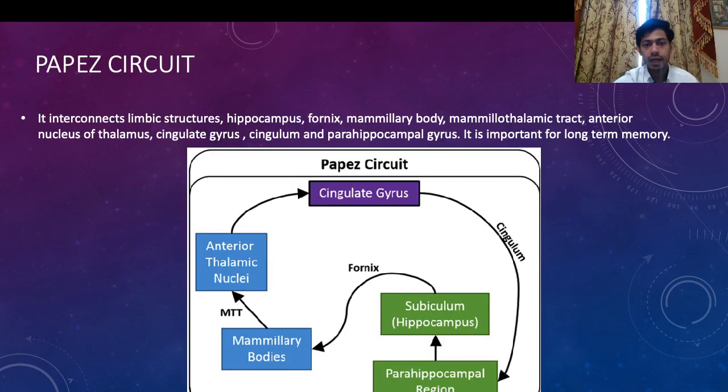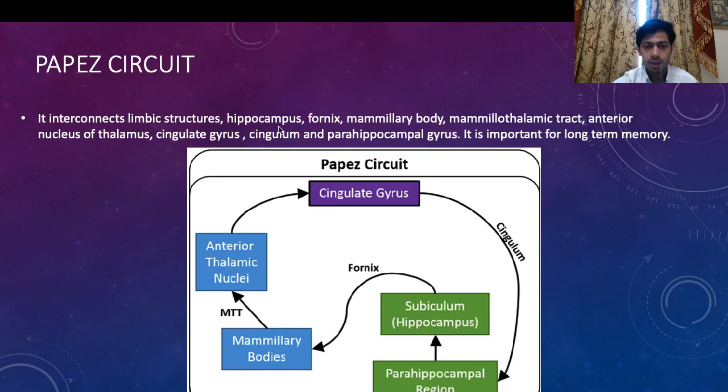And another really important physiological function and anatomical circuit which is involved with the subcortical physiology and anatomy is the Papez circuit. So it is interconnecting between many different structures in the limbic system.